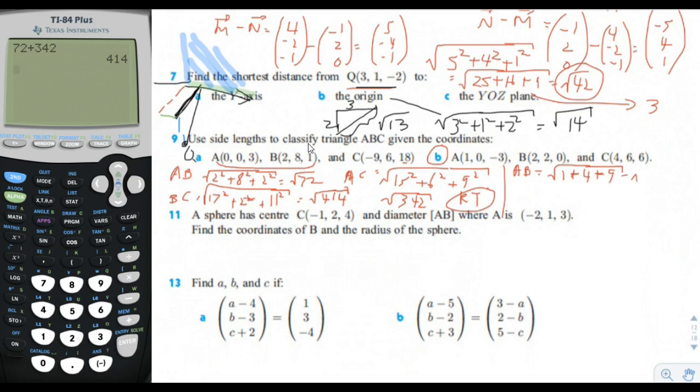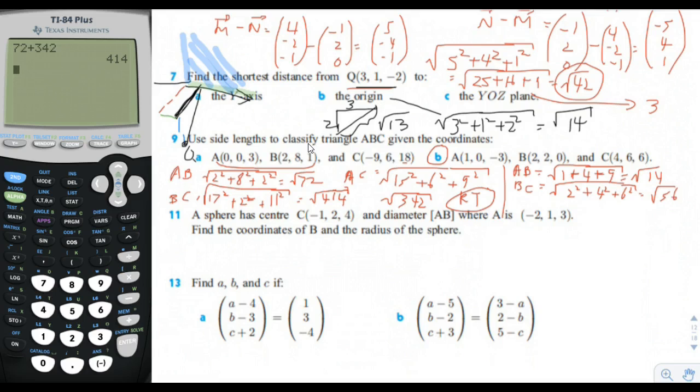And then BC, I would get the square root of 4 minus 2 squared plus 6 minus 2, 4 squared plus 6 squared, which is 36 plus 16 plus 4, which is 36 plus 20, 56, square root of 56.